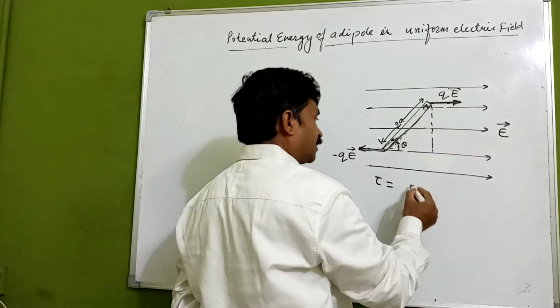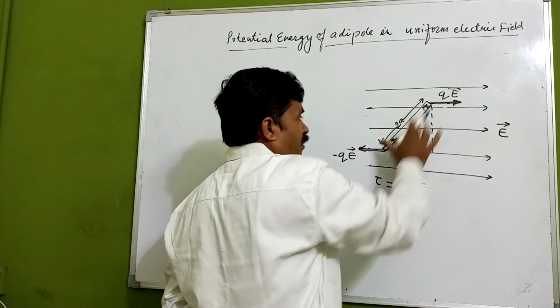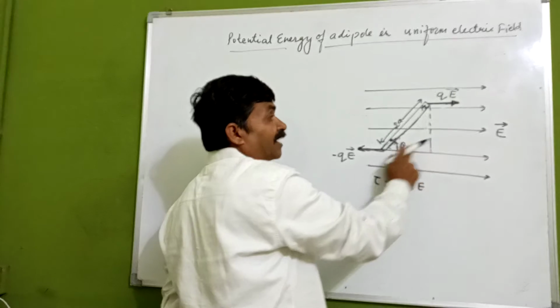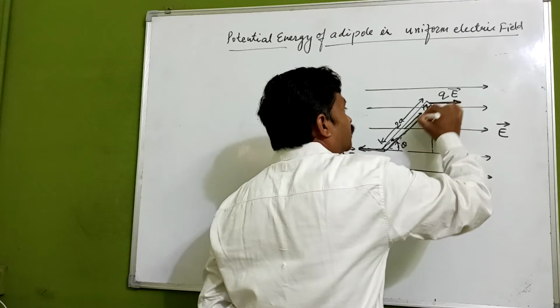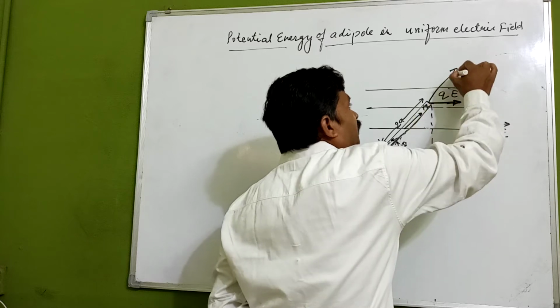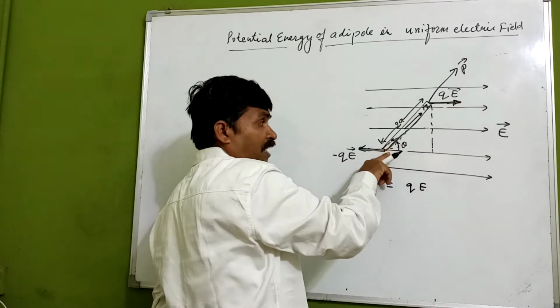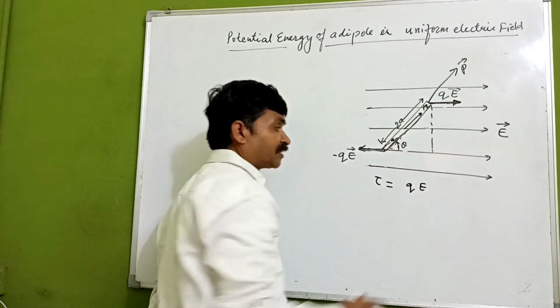Here the force is qE, and the distance is 2a, and it makes an angle theta. This is the direction of the dipole moment, so the dipole moment makes an angle theta with the electric field.